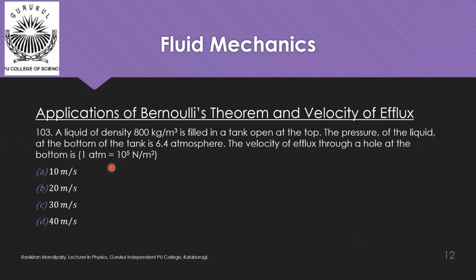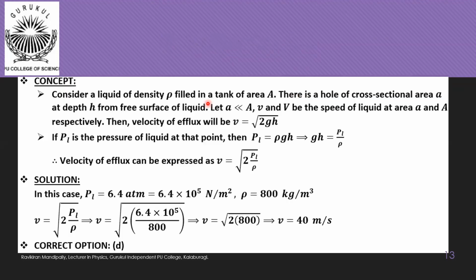So now we already learned from previous discussions that when a tank is filled with the liquid of density rho up to a height h, the velocity of efflux is V is equal to root 2gh.